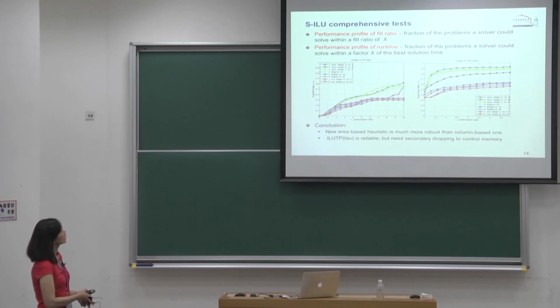Let's focus on the left side here. The left side is the profile of the fill ratio, which means the fraction of the problems a solver could solve within a fill ratio of X. So X could be 1, 2, 3, 4, 5. I set up different tolerances, 10 to the minus 4, 10 to the minus 8, then area-based secondary dropping with 10 to the minus 4 and 10 to the minus 8, and then the area-based adaptive tolerance.